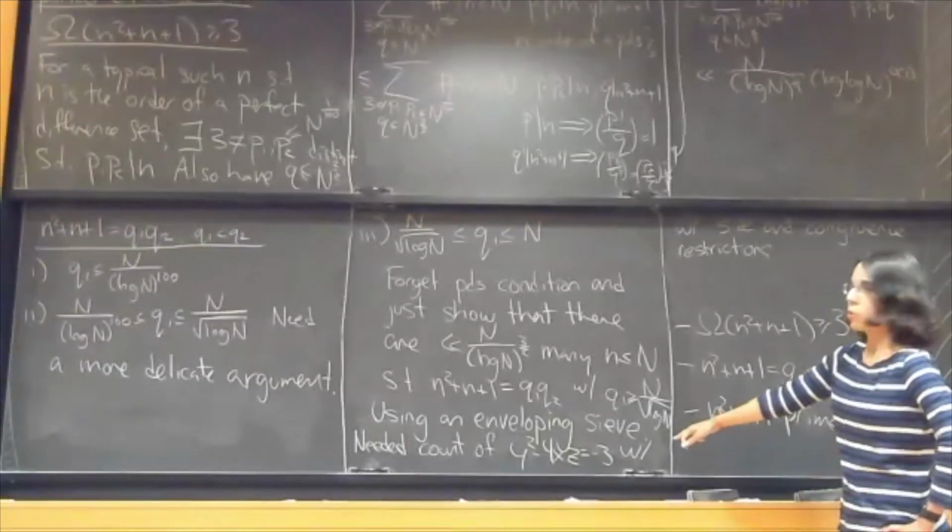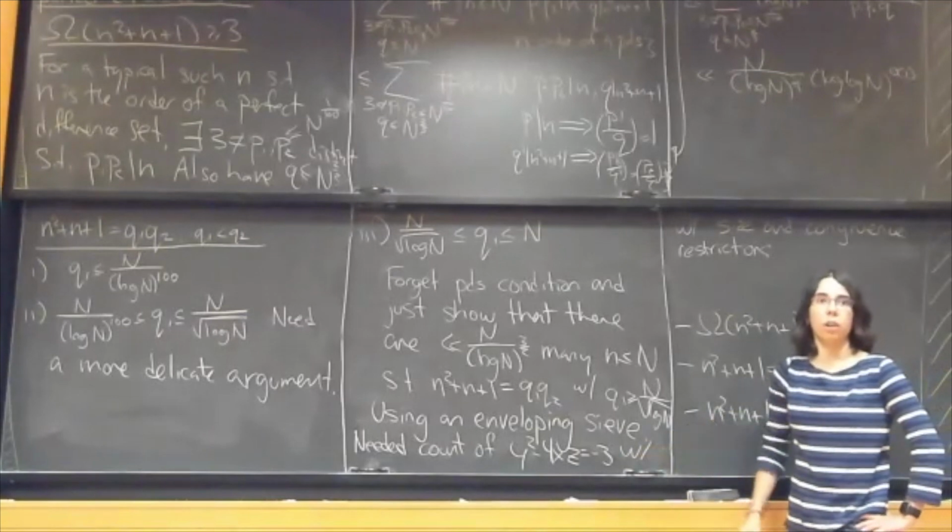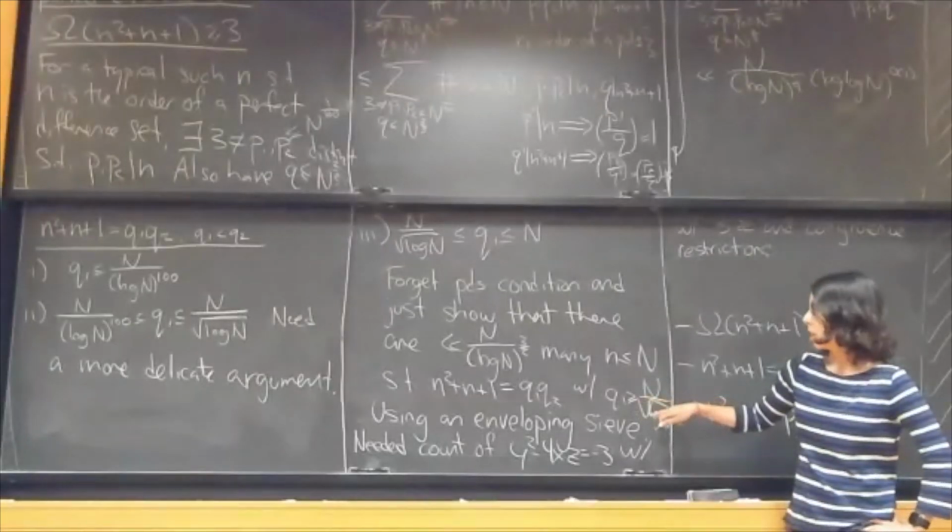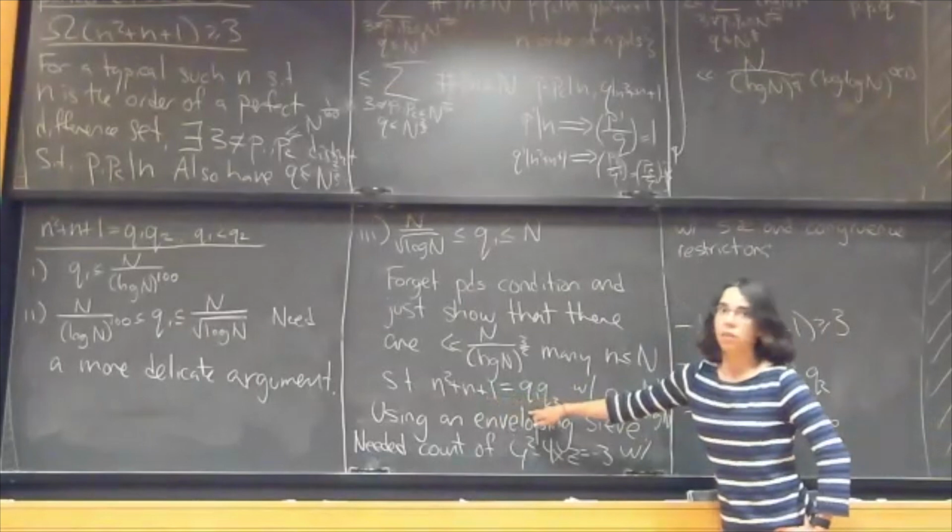Upper bound, right? So you need an asymptotic count to be able to use an enveloping sieve, but then the enveloping sieve just gives an upper bound for the number of these that can be written as the product of 2 primes.